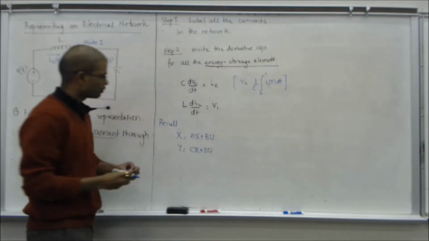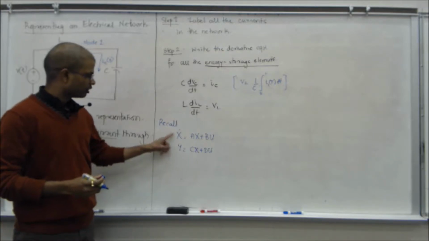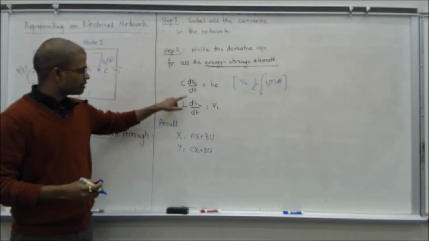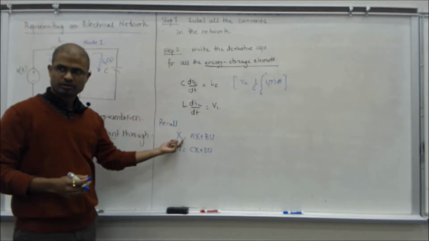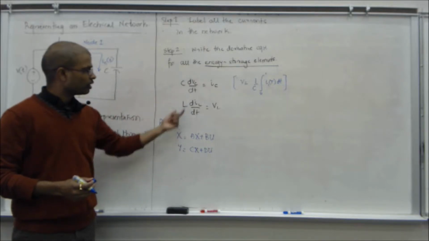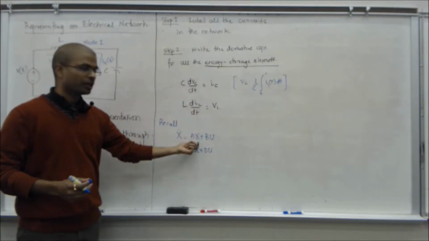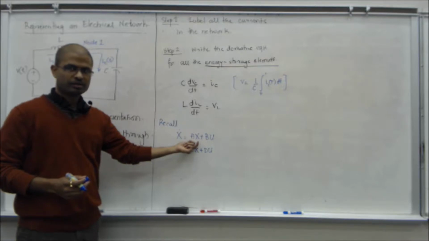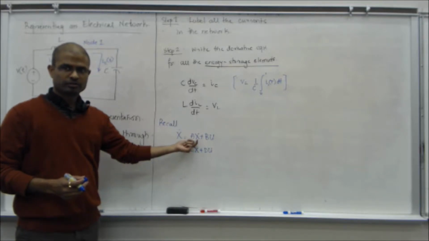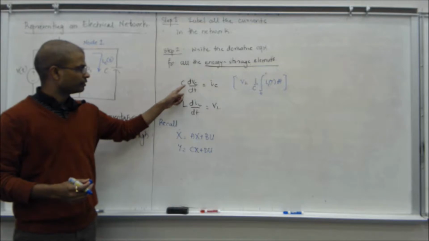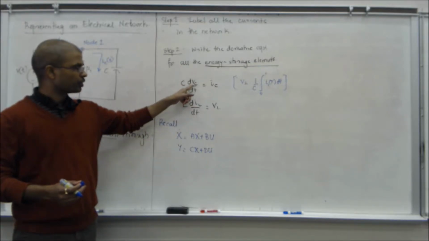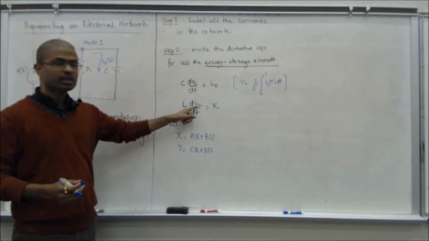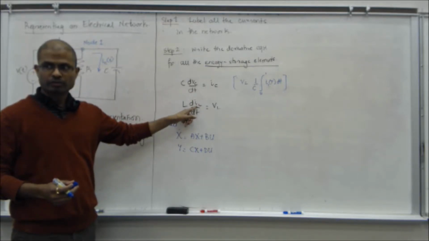So you see this one here, these on the left hand side are this x dot. You see that? VC and IL are x's. Got it? This is a derivative, right? X dot is the derivative of the state vector. So VC is one of the state variables, IL is the other. That is what it will let you identify.